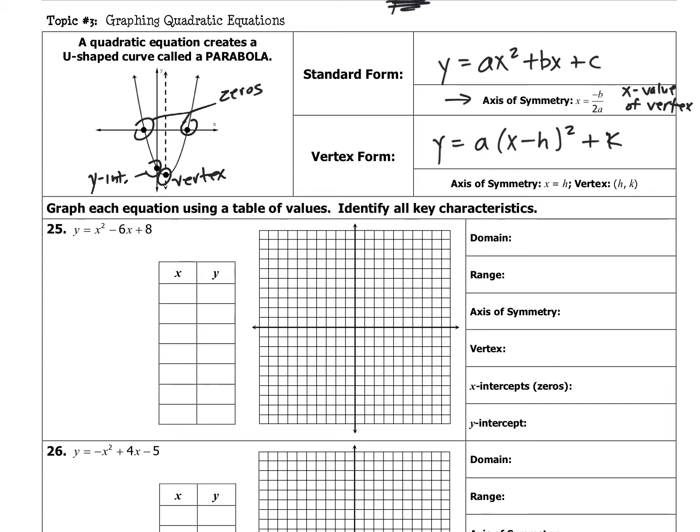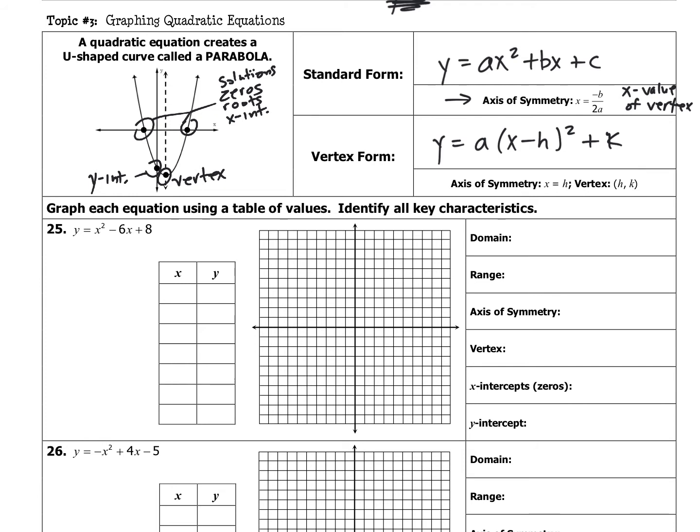There's a lot of names for them. Sometimes they're called solutions. Anytime you hear any of these, we're talking about where the graph crosses the x-axis.